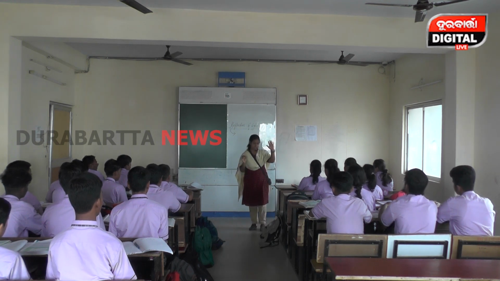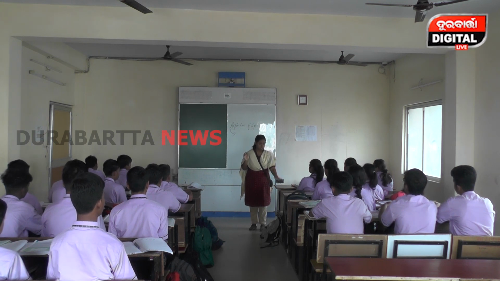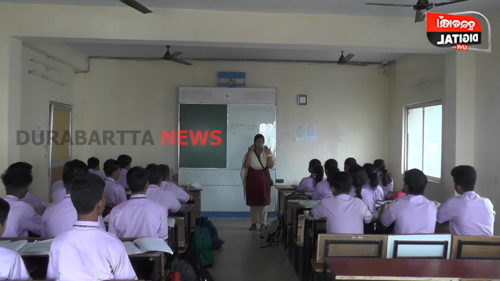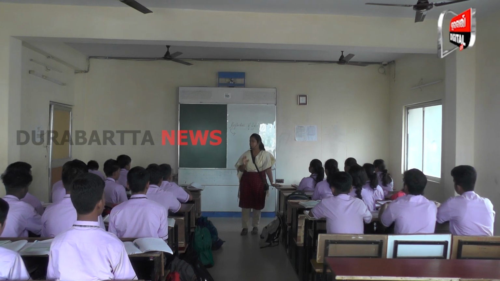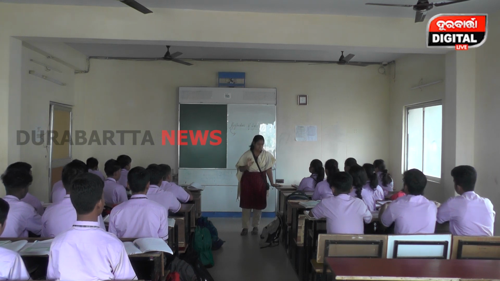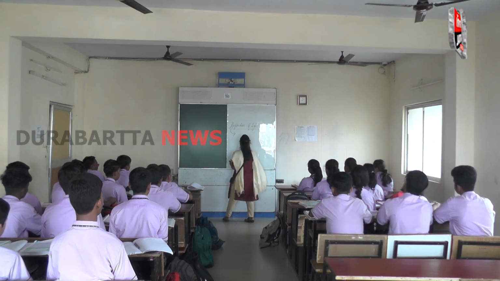Because of the sun's light, the light beam falls over the things present here, even on my face, and then it is reflected back into your eyes, so you are able to see the things around yourself. Got this point? Now we will learn it with the help of a ray diagram.